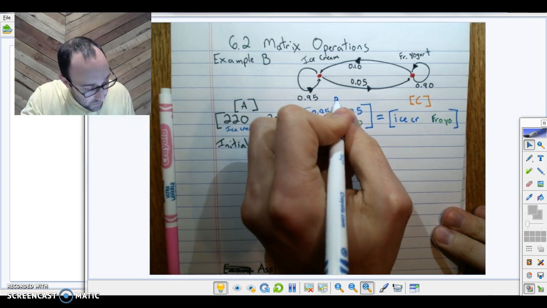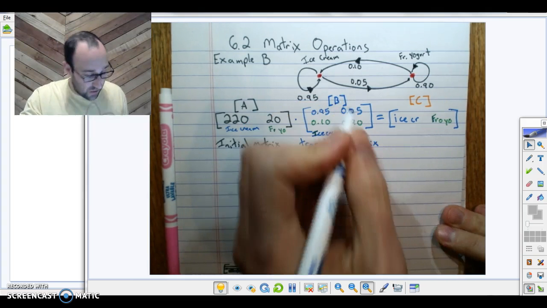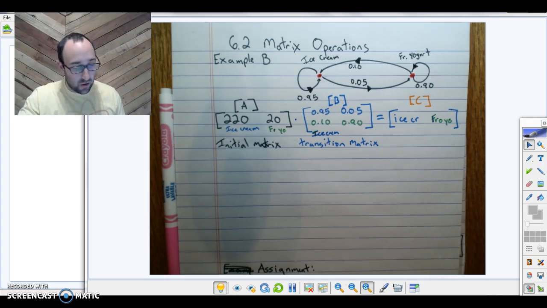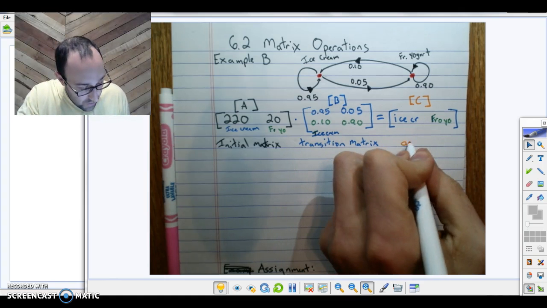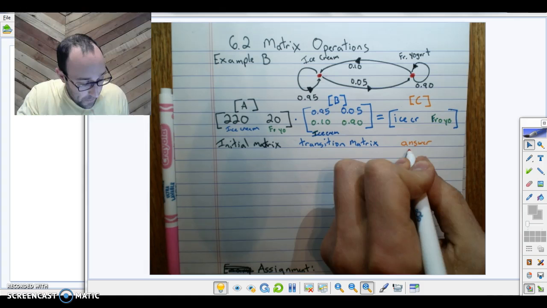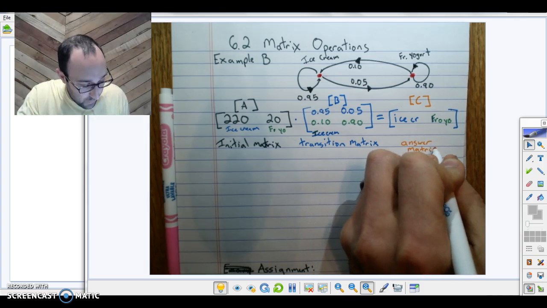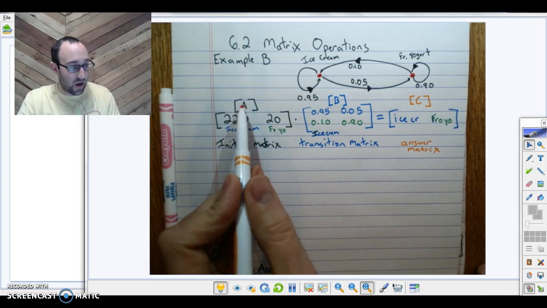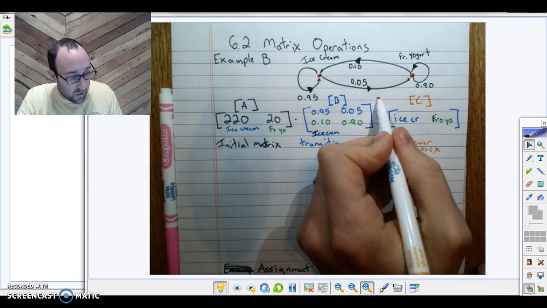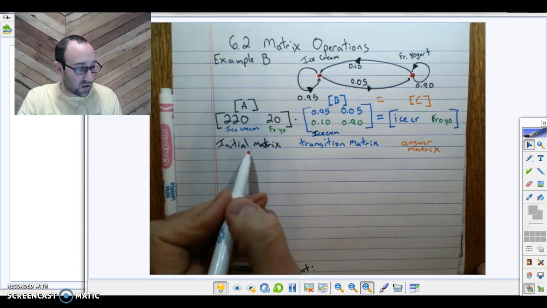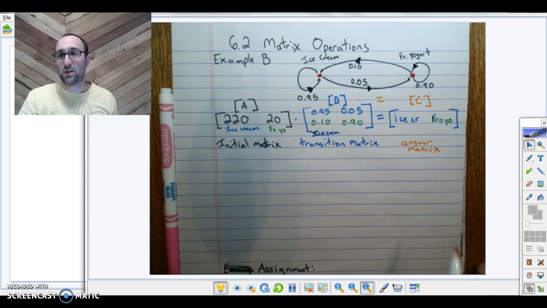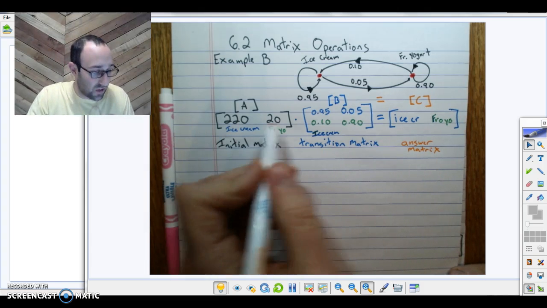Transition matrix B. And C is what I would call the answer matrix. Notice how we have A times B equals C. A is our initial matrix, B is our transition, C is our answer matrix. We're doing this one times this one.